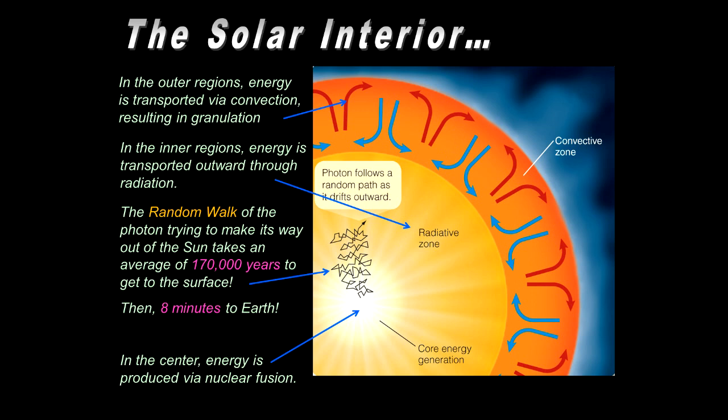So that's an incredibly long time for these photons to be trapped inside the sun. When you look at the sun and feel that wonderful radiation and see the light, on the average you're looking at energy that has been produced in the core 170,000 years ago.